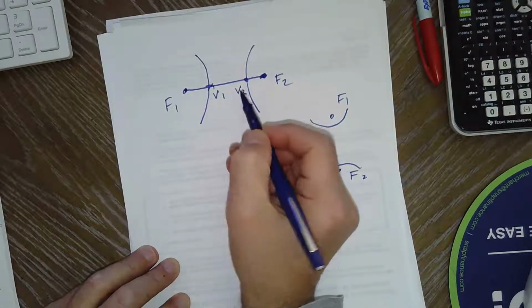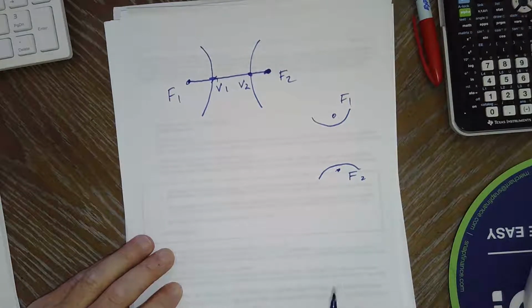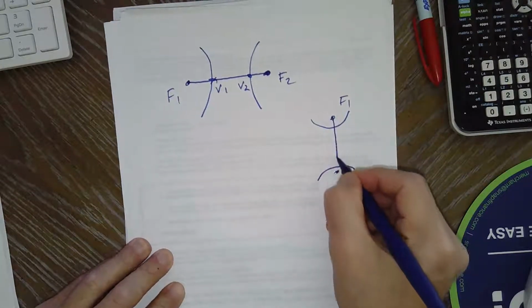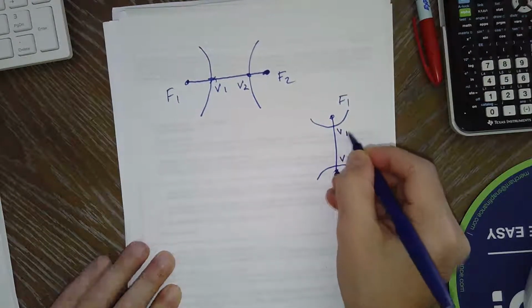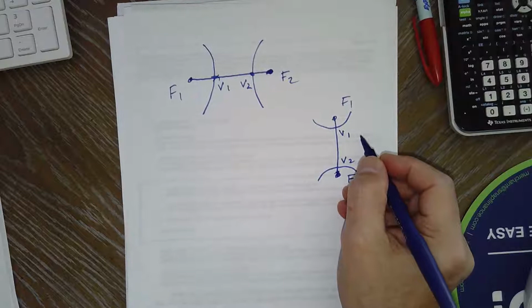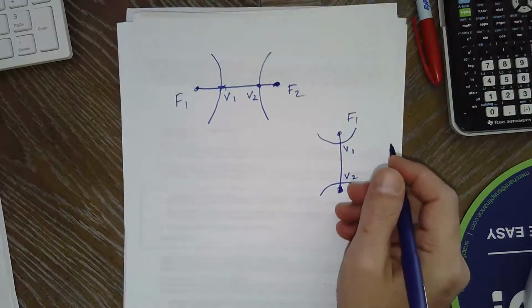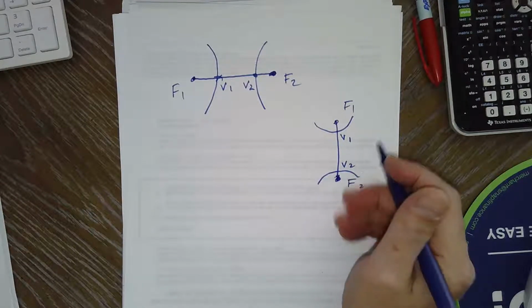There are two vertices in a hyperbola, just like an ellipse, whereas there's just one in a parabola. So these are the vertices, V1 and V2. There is no major and minor axis, no bigger and smaller axis. The axes could be equal, but we don't know which one is bigger.